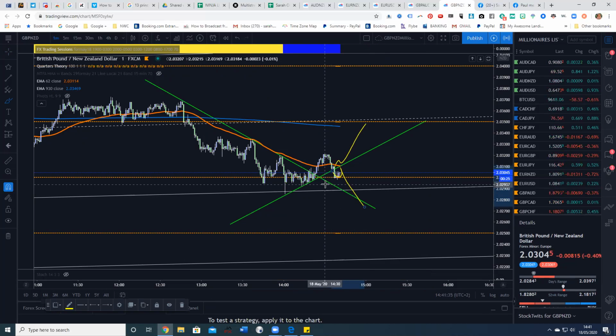So if I was looking at this to get into a trade, I'd want to see, is it going to come below the quarter theory and obviously the pitchfork? It has failed to do this, it's not liking that 1 minute trend. I'd want to see it break and retest above that 62 orange line and then take off up to there.